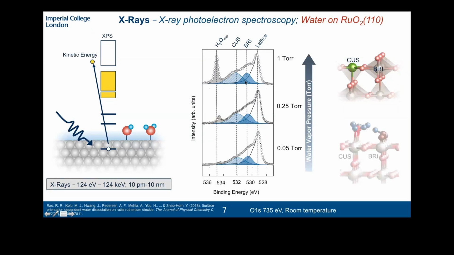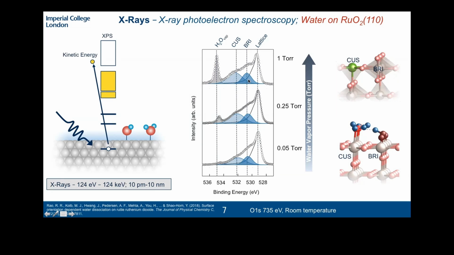And what that can do is help us develop this model of how water might interact with the surface, where we propose that you have this half dissociated structure where all CUS sites are filled with either water or OH, and then on the bridge site, you have only every second site filled with OH. And that then captures well this 2-to-1 ratio between this peak intensity here and the peak intensity being much lower on this bridge site.